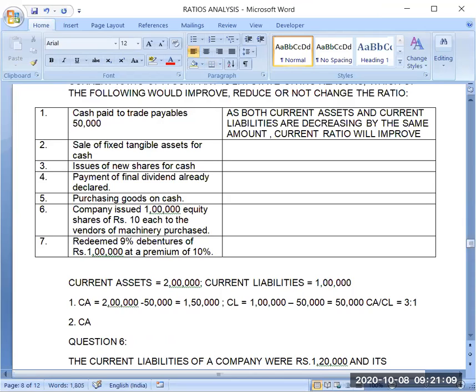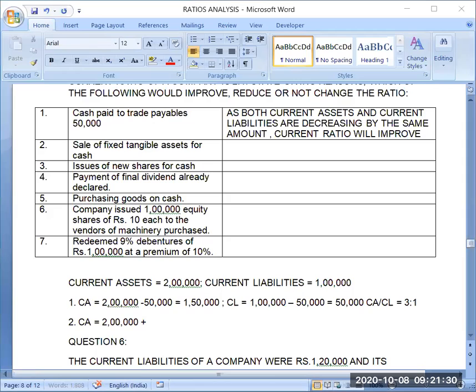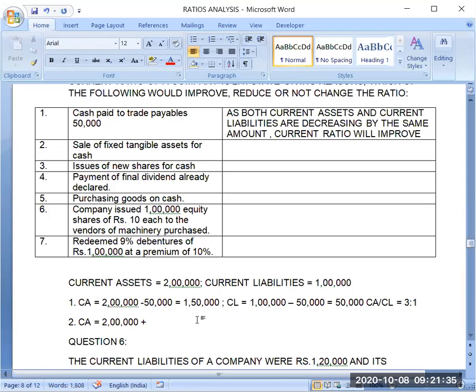Let's see, current assets are your 2 lakh. Because you are selling it for cash, obviously you will be receiving some cash, and cash is part of current assets, so your current assets will increase. Suppose I take the amount 40,000.